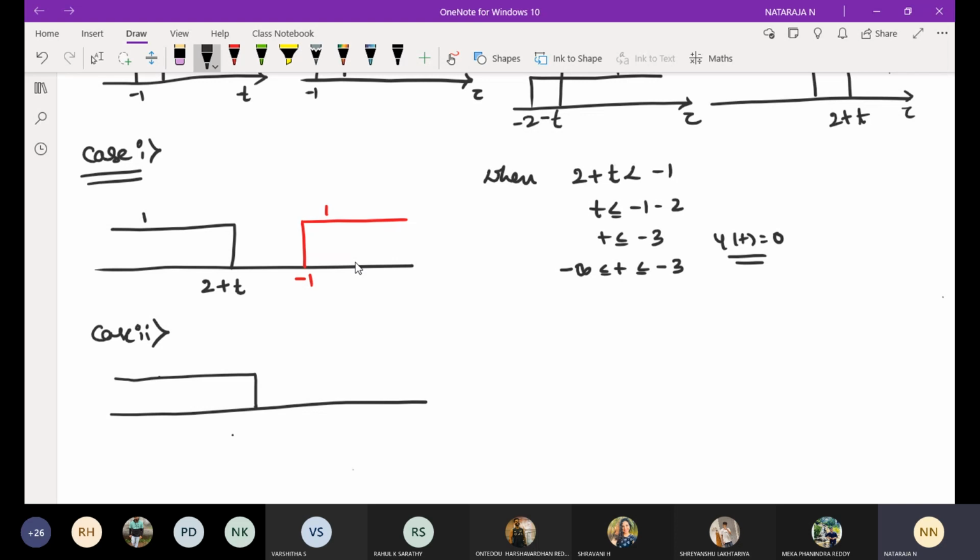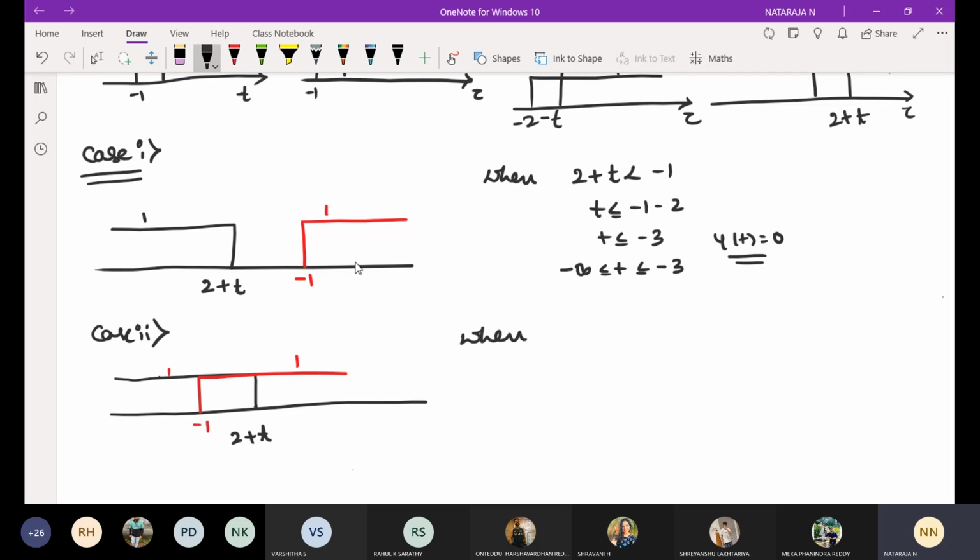My h of t minus tau will be the same, but I will move this x of t inside this. Inside this means you will get the signal like this. Amplitude will be 1. This will be minus 1.